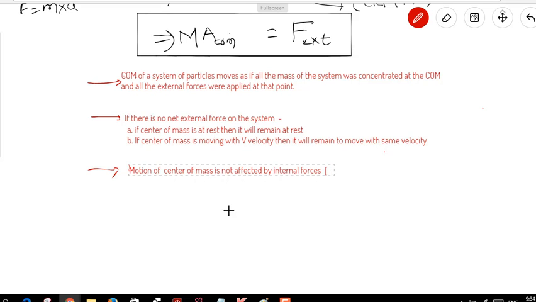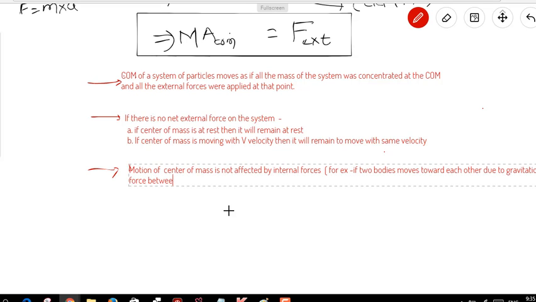For example, if two bodies move towards each other due to internal force, due to mutual attraction, or electrostatic attraction, due to gravitational force between them, or electrostatic forces.